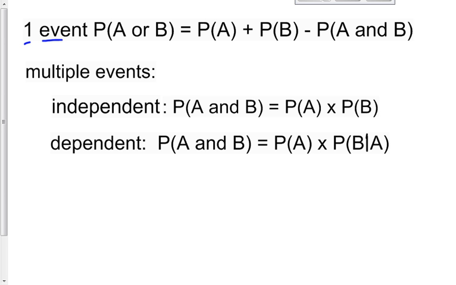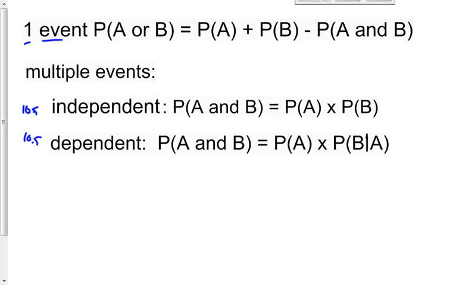Now, if you have multiple events, this is section 10.5. You need to know the difference between independent or dependent. If they're independent, the two events do not affect the outcomes of each other. Probability of A and B would be probability of A times probability of B. And if it's a dependent event, like drawing a card and putting it in your pocket, or drawing a marble out of a bag and keeping the marble, don't put it back in, those would be dependent events.